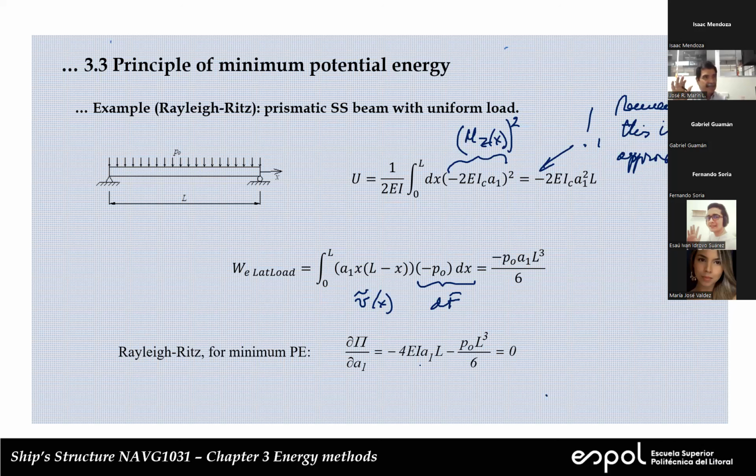And the best that we can do is select A1 so that this P using this approximated function is a minimum. That's what we are doing here. Okay, so we differentiate taking the parameter A1 as if it were an independent variable, and we can get a value for A1, and that's the value for A1.